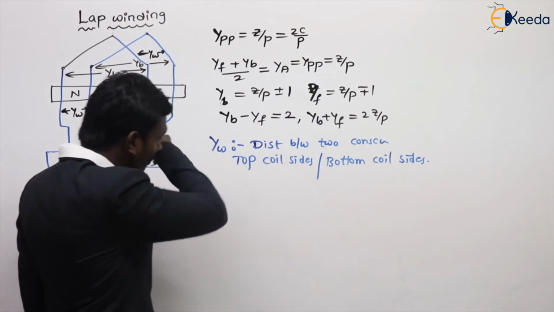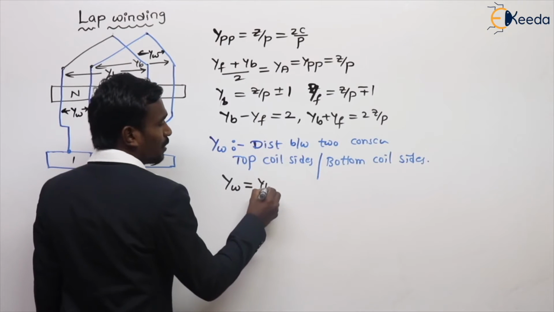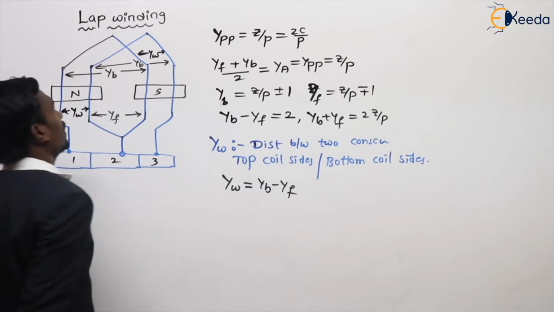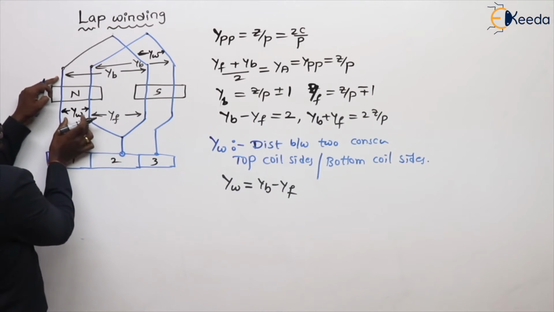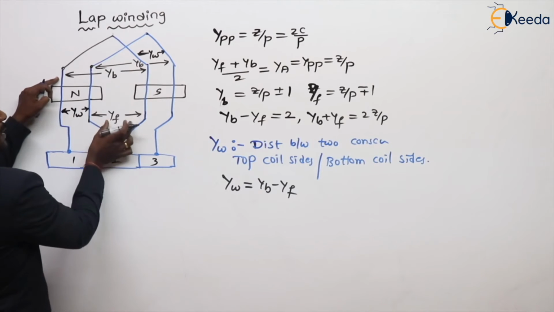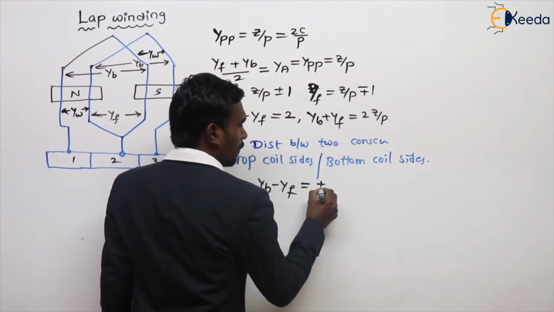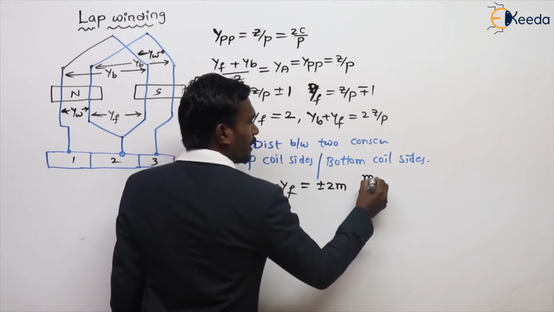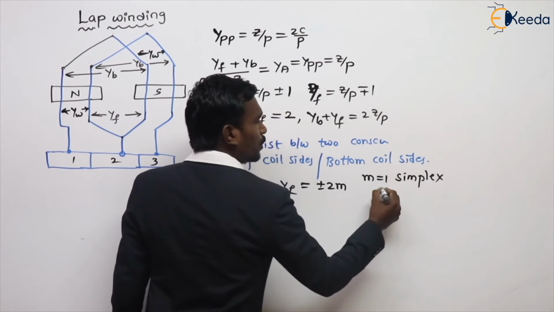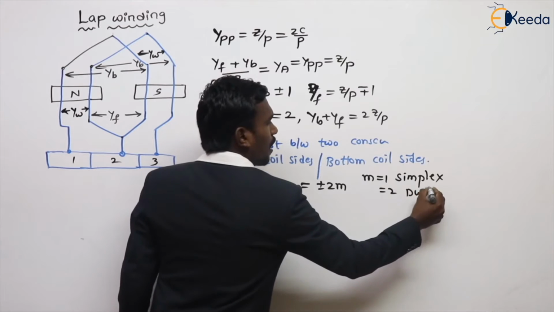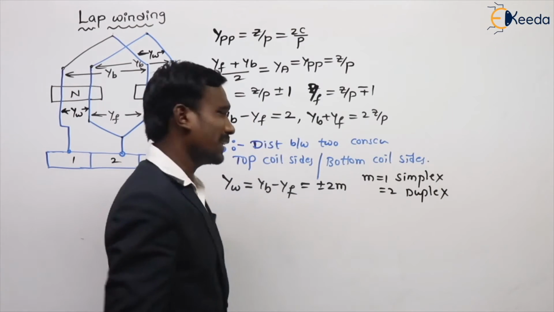So in general, for our lap winding, the winding pitch is exactly equal to YB minus YF. That's it. It is equal to plus or minus 2m, where m is equal to 1 for simplex, 2 for duplex, 3 for triplex, 4 for quadruplex, next multiplex, and so on.